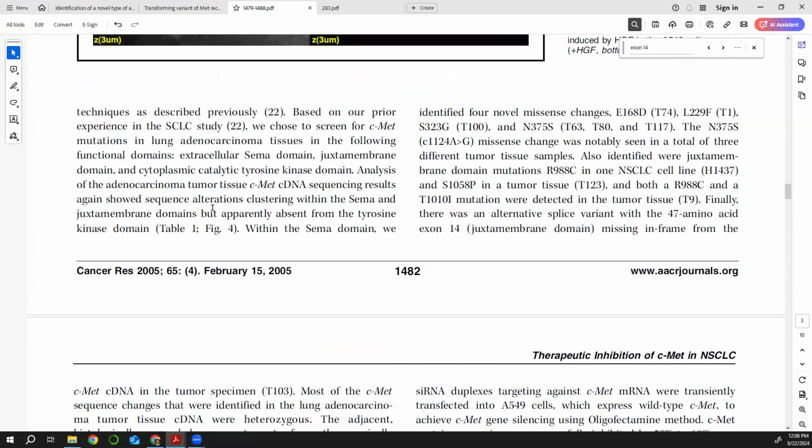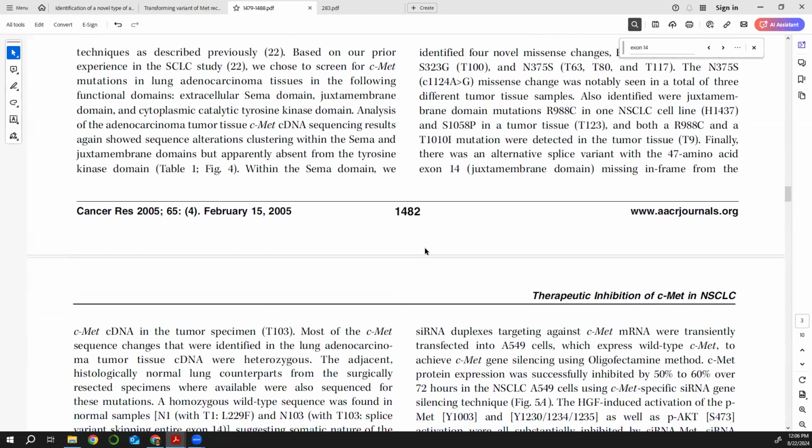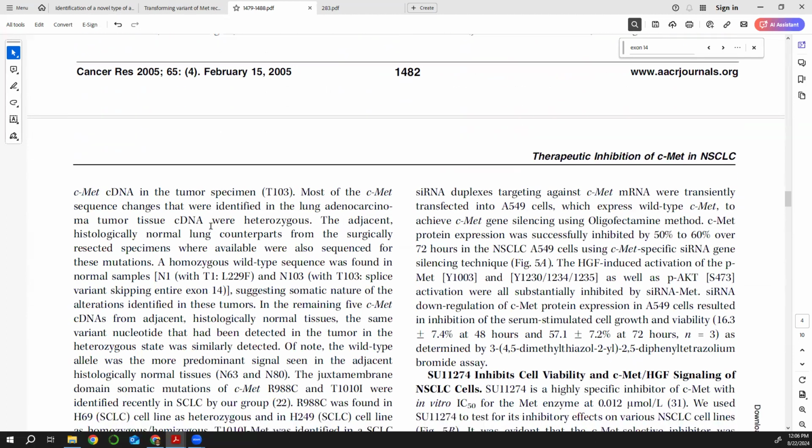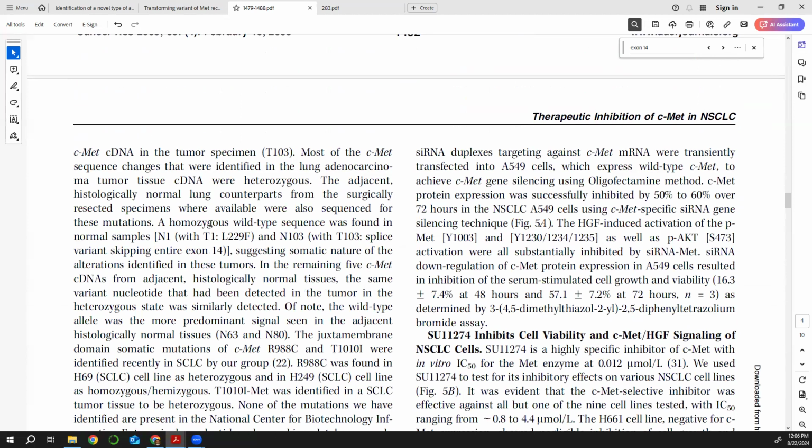And certainly Sanger sequencing can miss many types of splice variants. And that's probably why they only found one in all of these tumor samples.